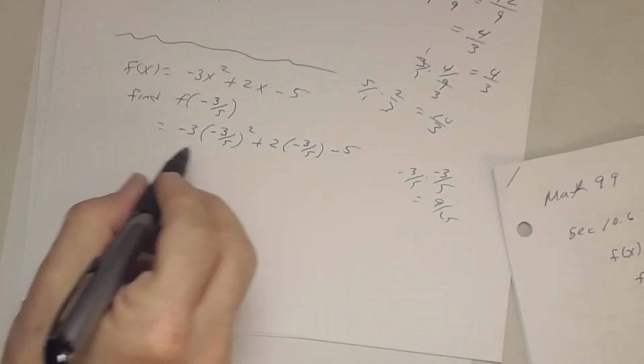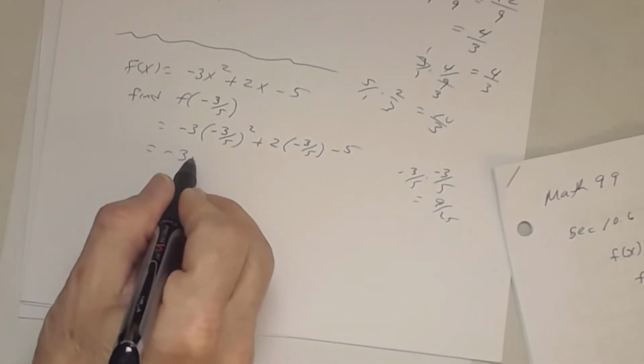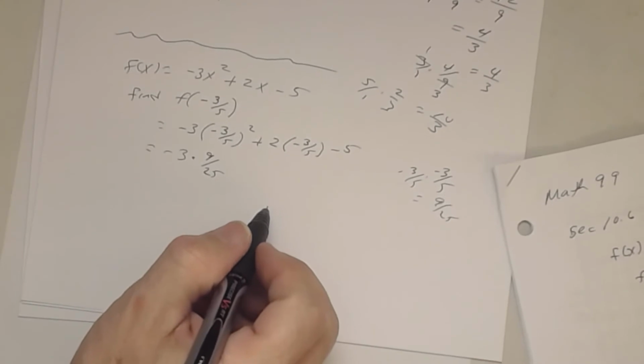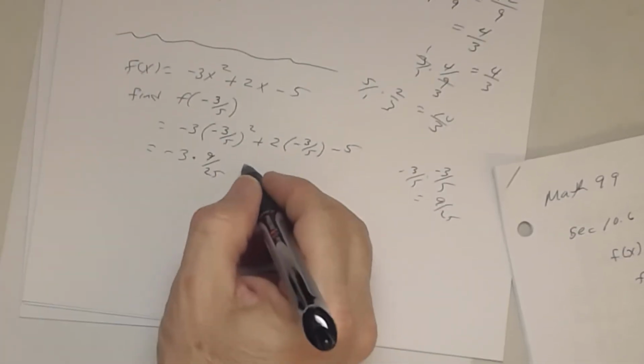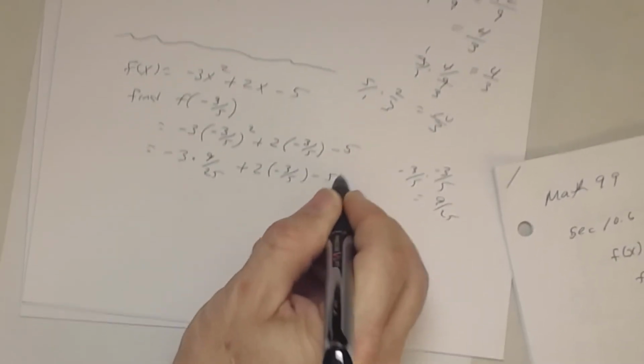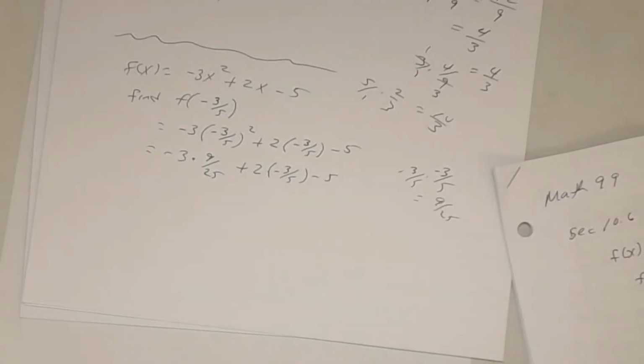Okay, 9/25, so that goes here. So I get -3 times 9/25. And I'm going to just write everything else over. So plus 2 times -3 fifths and then minus 5. All I did at this point was figure out what -3 fifths times itself is.